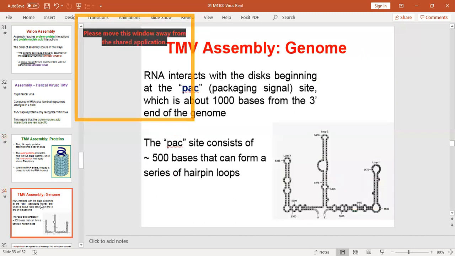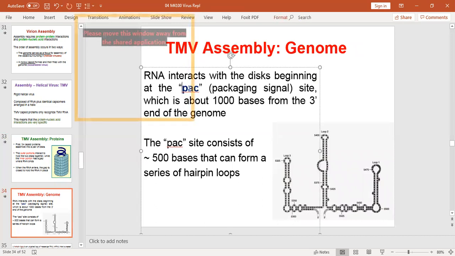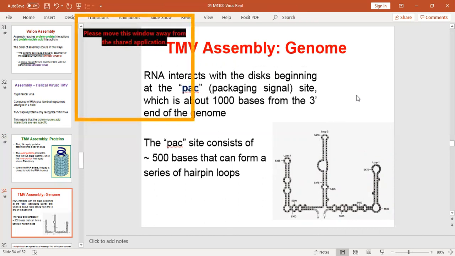So let's talk a little bit about the TMV assembly of its genome. RNA of the virus interacts with the discs at a region called the PAC site, or packaging signal site. This PAC site is about 1,000 bases away from the 3' end of the genome.